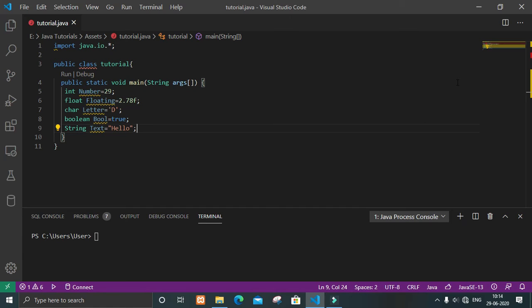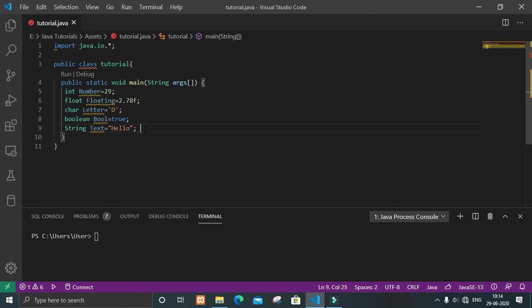But I have to say a few more things: data types are divided into two groups. As you can see, these are all data types: char, int, float, boolean, string. These are all data types, and data types are divided into two groups.